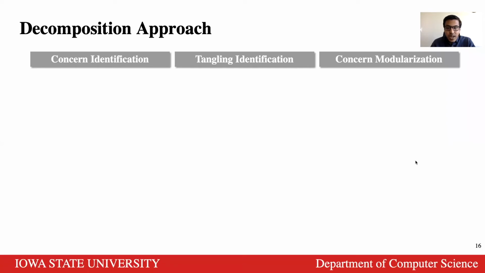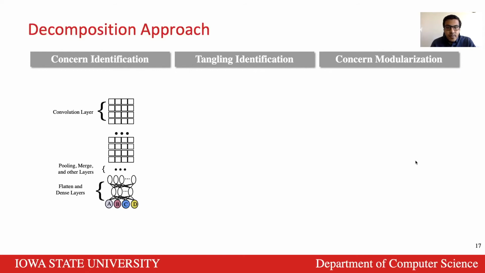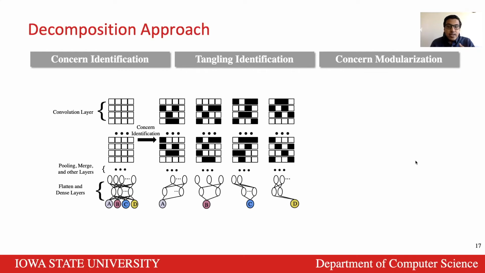Our decomposition approach comprises three steps: concern identification, tangling identification, and concern modularization. Our approach starts with the trained model. For instance, in this case, a model that recognizes images labeled as A to D. First, our approach identifies the section in the CNN that is responsible for a single output class.